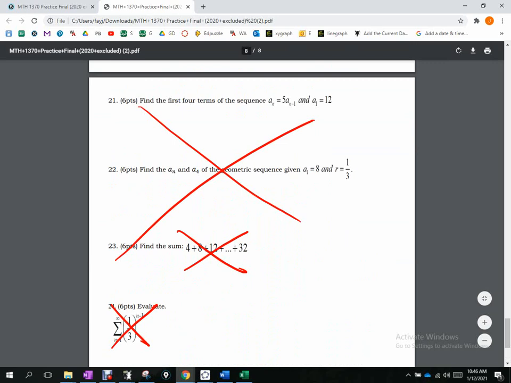We didn't do series and sequences. That is no longer a topic that the state of Ohio requires higher education to cover in a college algebra course. You cover that in calculus.